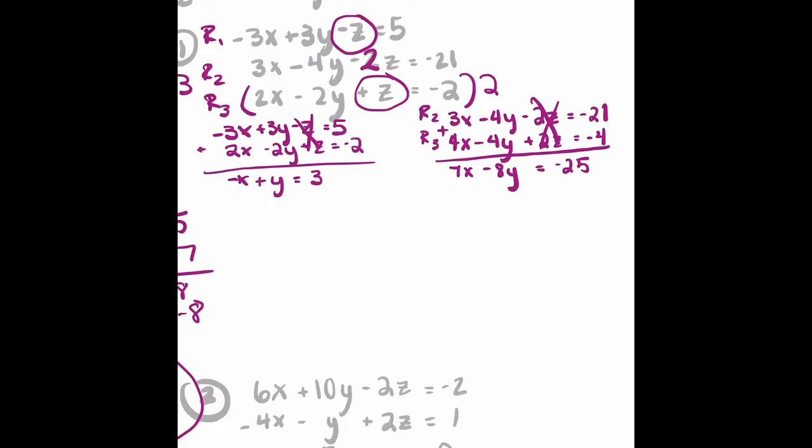And because I have these here, I can go ahead and choose to eliminate a variable because I have the same 2 variables there. Or I can just solve for one variable. So I'm going to say y is equal to 3 plus x. And I'm going to go ahead and plug that in into this equation over here.